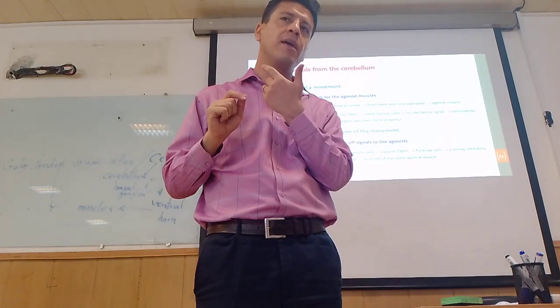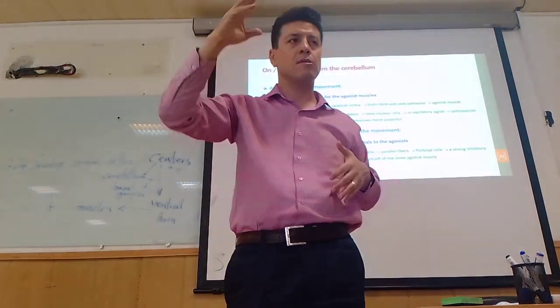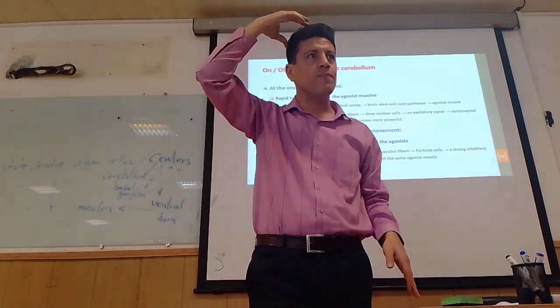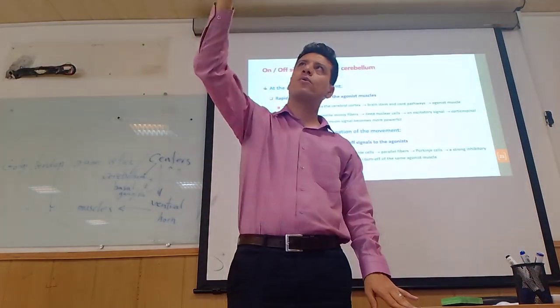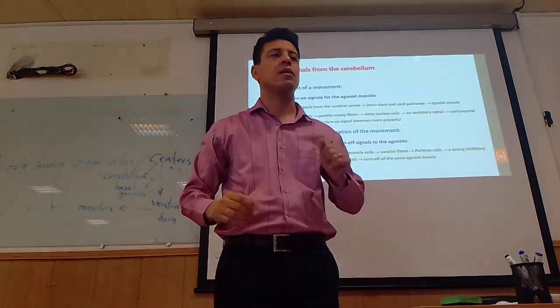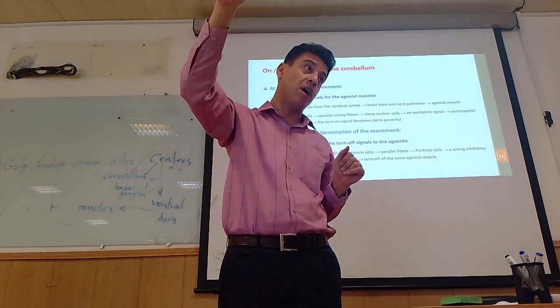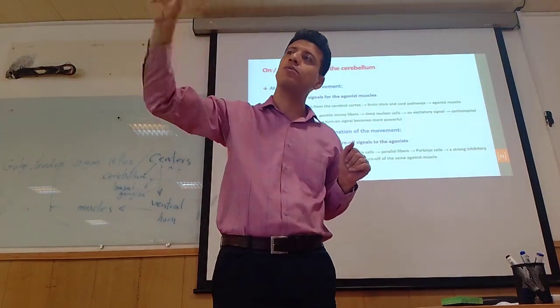Anterior motor neurons from here go to the triceps, activate the triceps, and we have contraction. So everything starts from the cortex. So the cortex sends information through the corticospinal tract to the muscle. You will have contraction, right? At the same time, the cortex also sends information to the cerebellum.